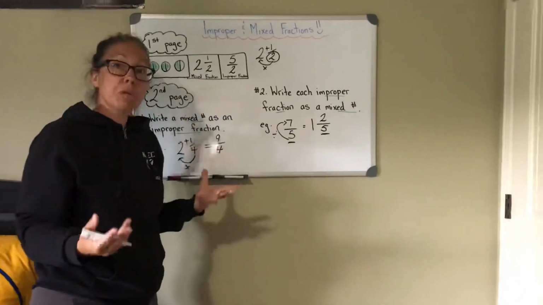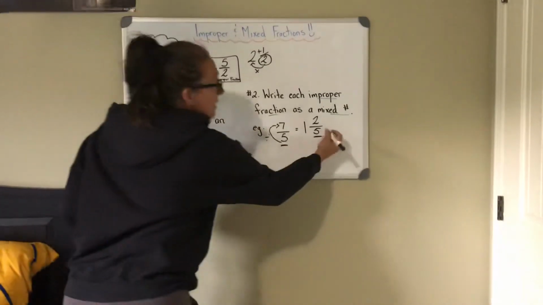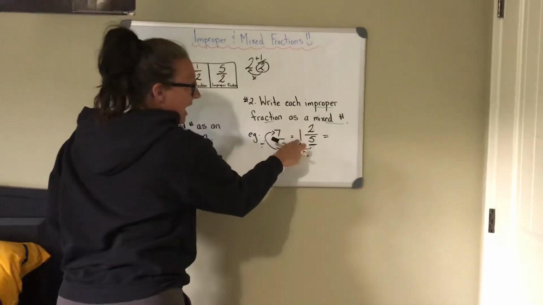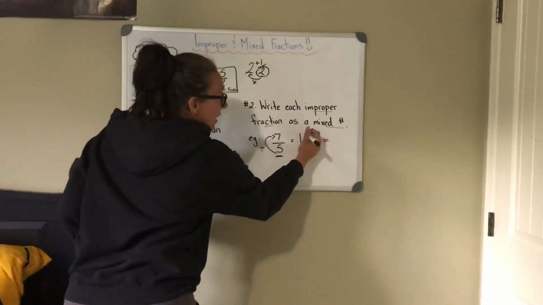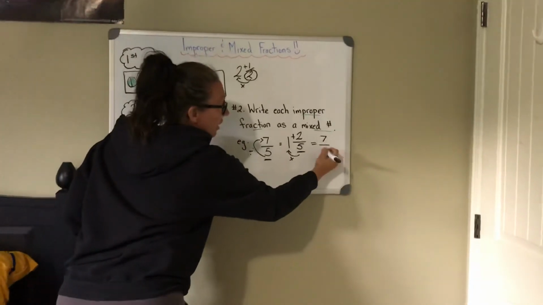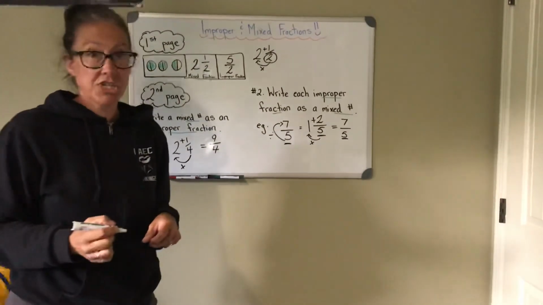If I were to switch it back into an improper fraction, I want to make sure that I'm correct. 5 times 1 is 5, plus 2 is 7 over 5, because once again, my denominator does not change.